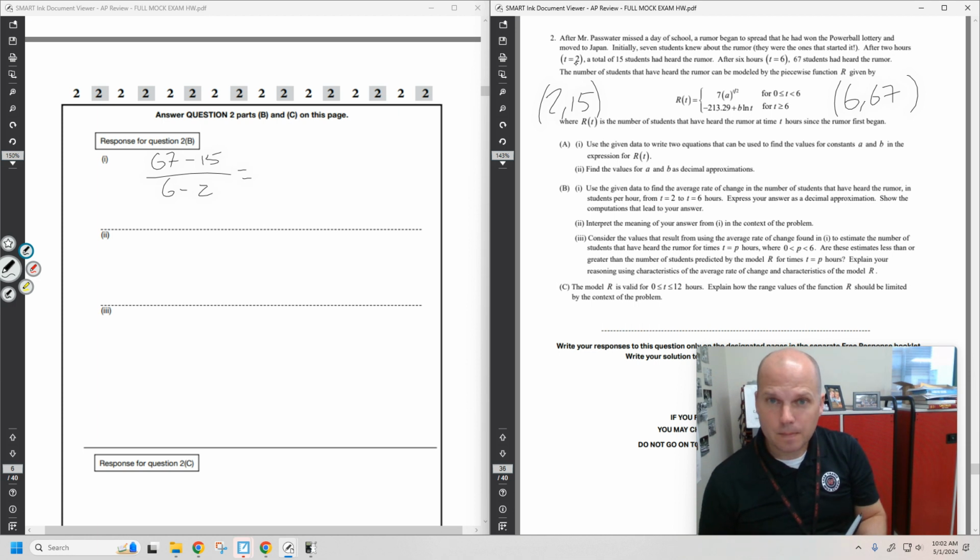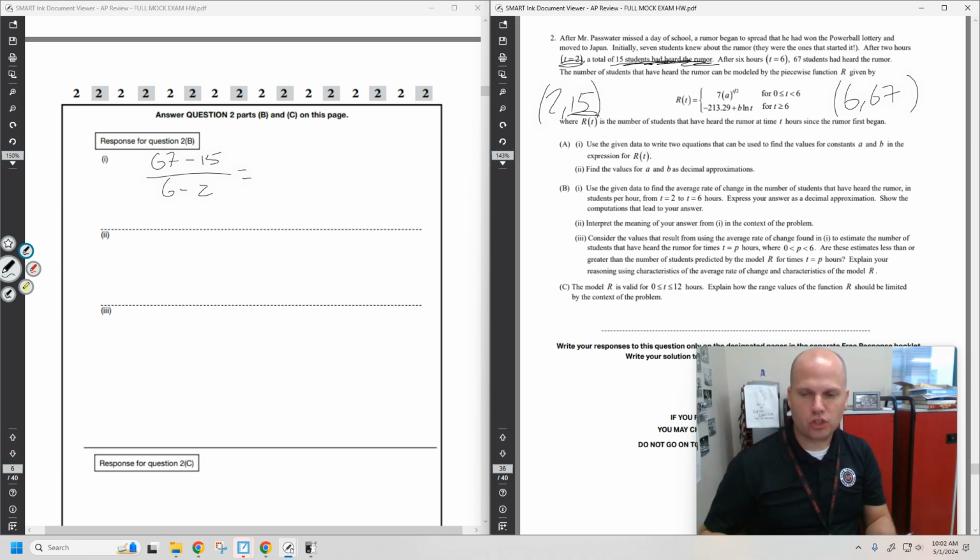It is the amount of students that have heard the rumor at a certain hour, per hour. So it will show us on average how quickly the number of students who have heard the rumor is increasing. The amount of students that heard the rumor is increasing or decreasing by this value.